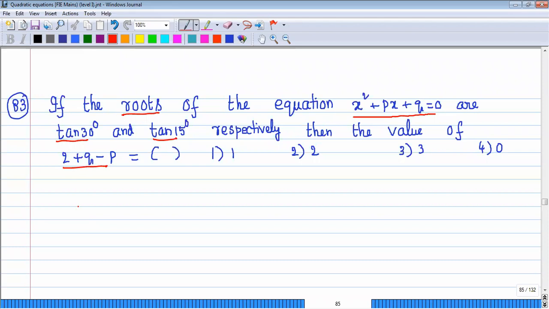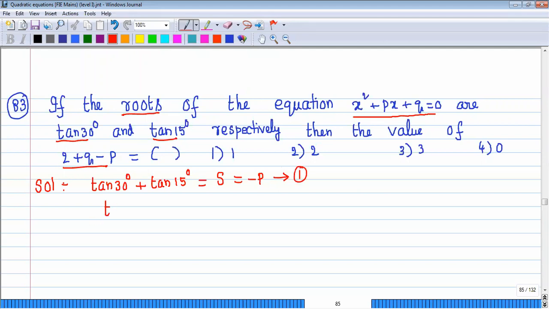Let tan 30 be alpha and tan 15 be beta. So the sum of the roots, tan 30 plus tan 15, is the sum of the roots, S, which is minus p. Say equation 1.